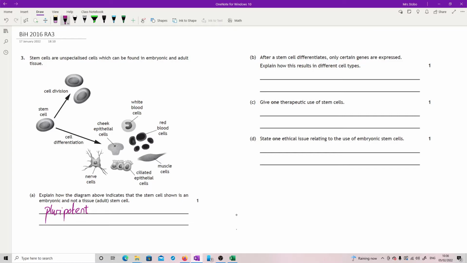Okay. After a stem cell differentiates, only certain genes are expressed. Explain how this results in different cell types. Okay, so gene expression is linked to protein production, because obviously every gene that is expressed gets transcribed and then translated. So the proteins produced are specific to the cell function.